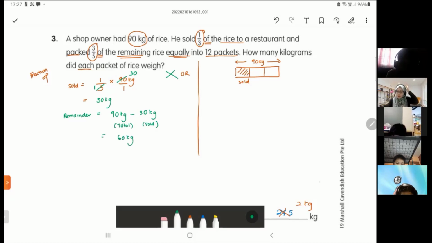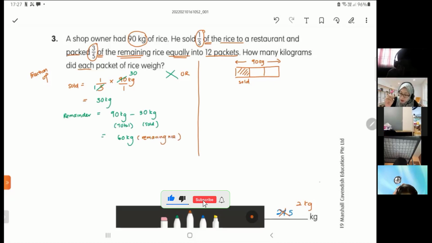What happened? 3/5 of the remaining rice was packed equally. So this is my remaining rice. But not everything was packed. I only packed 3/5.